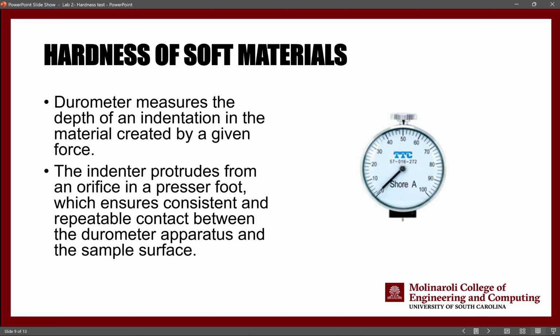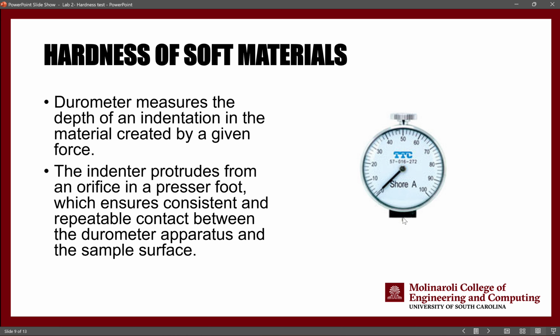Okay. For the soft materials, we are going to use a durometer. This is a picture of the durometer. Most of the durometers we have in the lab are digital durometers, so they don't have a gauge like this. It will display a number. But this is your indenter. So essentially, you press this on top of your rubber material, and it will go in.